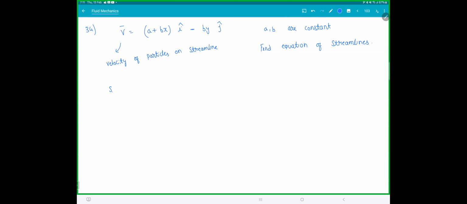Slope dy by dx is vy by vx, which is minus by over a plus bx. So this guy is dy by y equals minus b times dx by a plus bx.